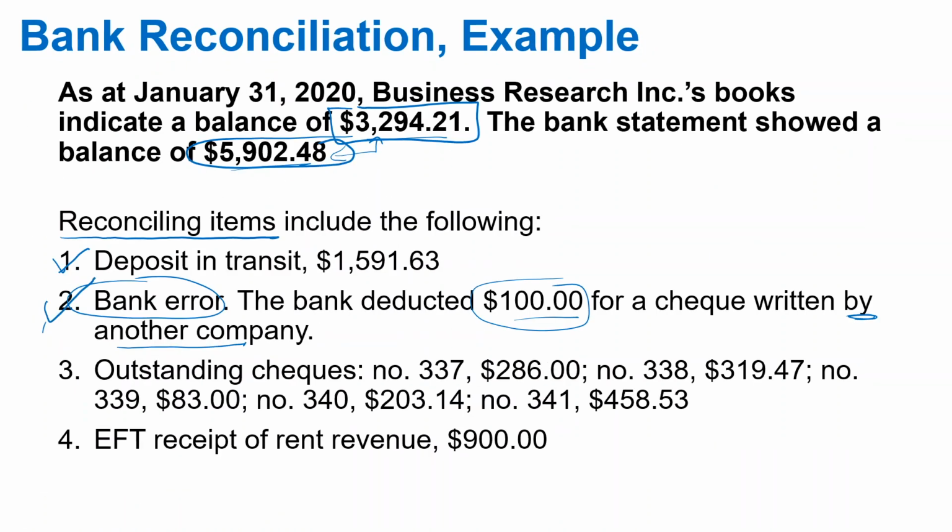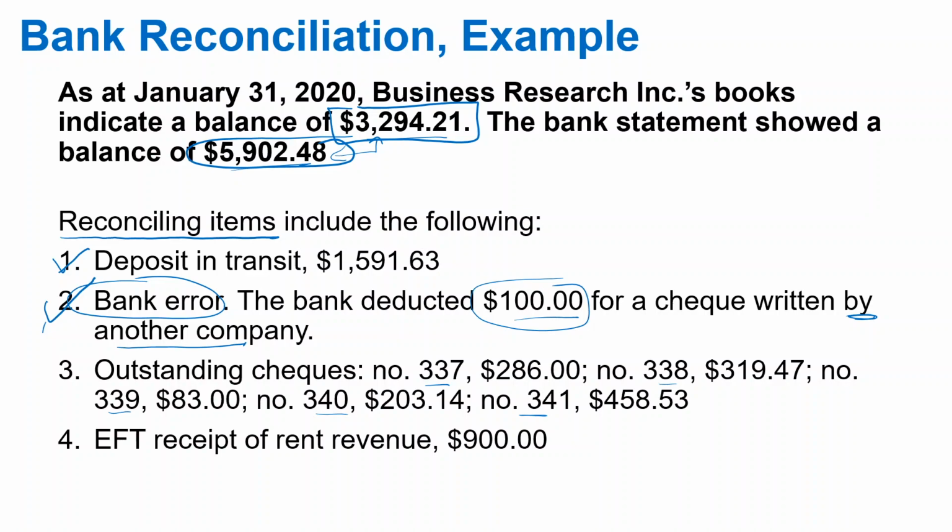Okay, so we've dealt with number 2. Number 3 says that we have outstanding checks, and it lists check number 337, 338, 339, 340, and 341. So outstanding checks, that's when we've written a check, we've mailed it to whoever, so we've done a journal entry to take it out of the bank balance in our accounting records.